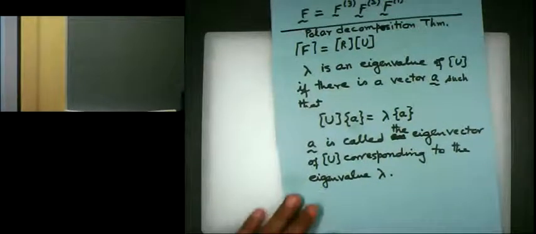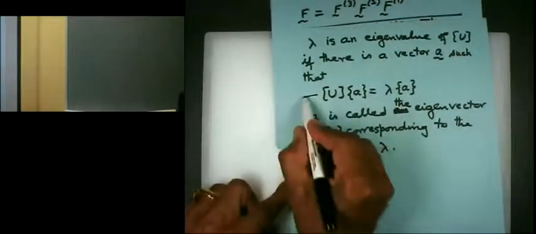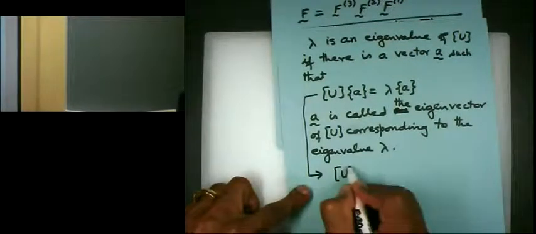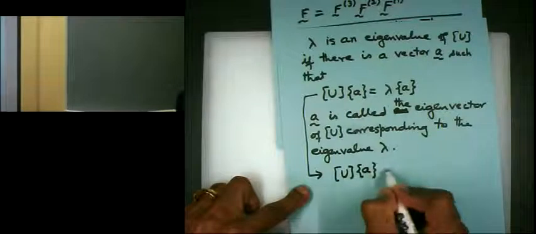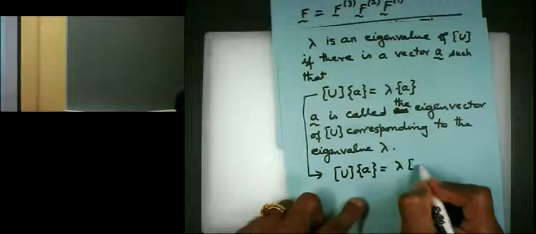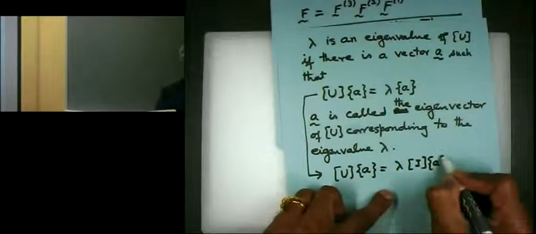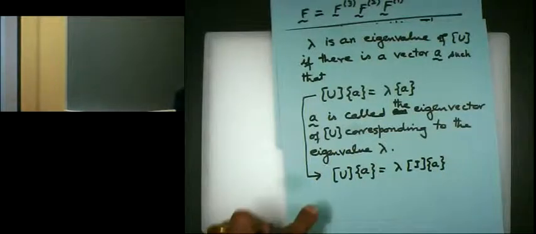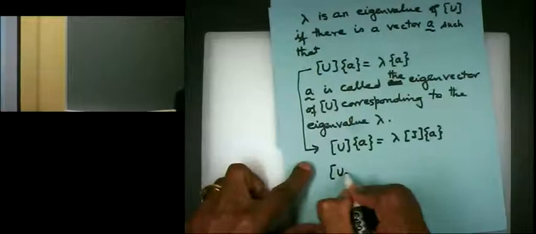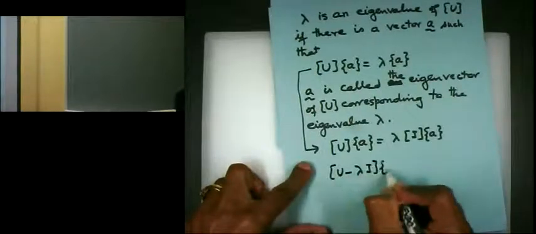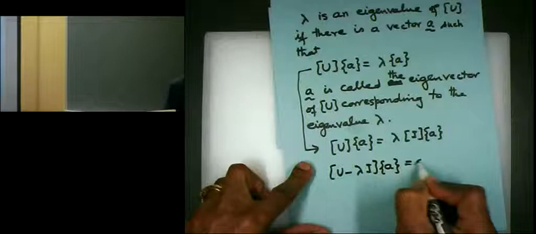So this equation we have here, this is U operating upon A, lambda A, I can write as an identity matrix operating upon A. Because vector A is the same thing as identity matrix operating upon A, which means I have U minus lambda times identity operating upon A is equal to 0. It's a 0 vector.